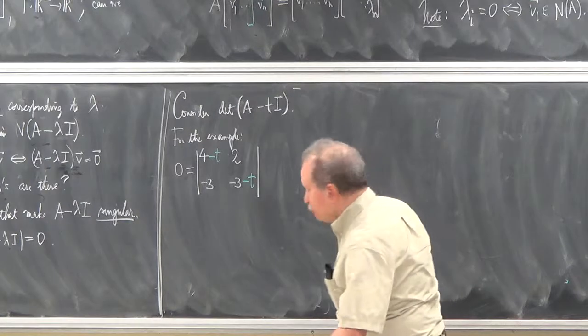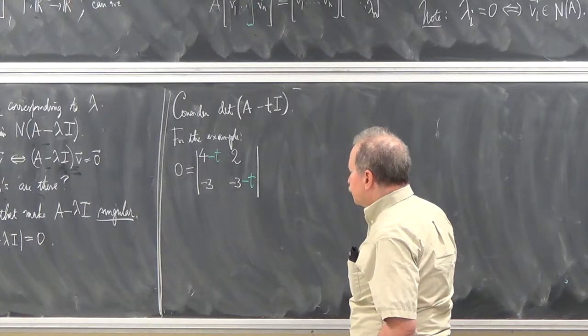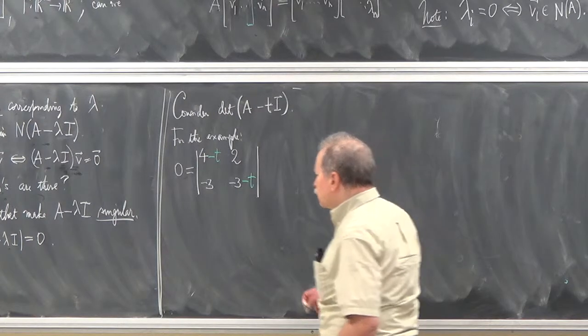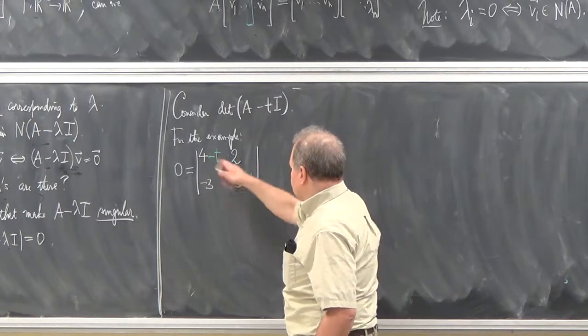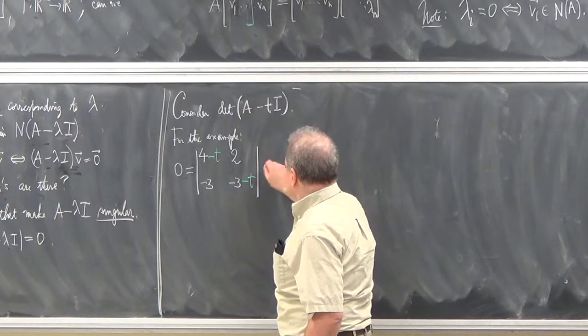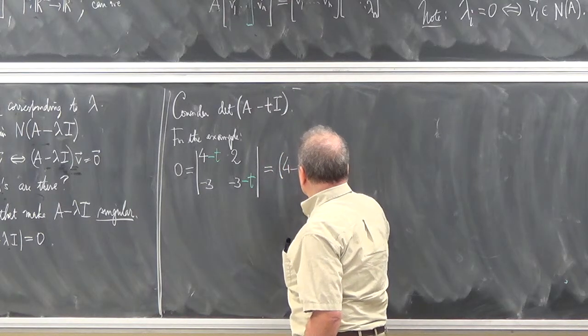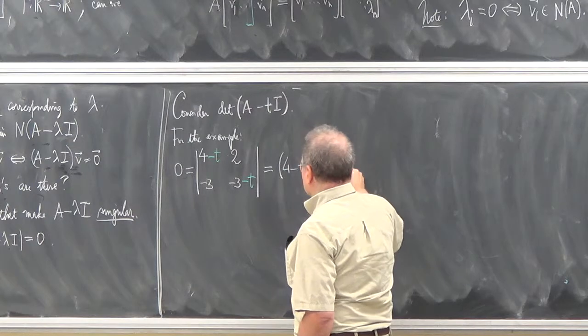So what's the determinant? 4 minus t times 3 minus t plus 6.